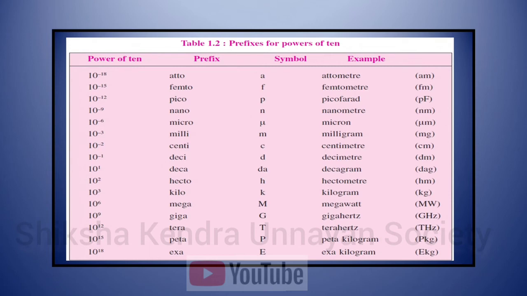These are the smaller units, and for larger units you can see there exa, that is 10 to the power 18, peta 10 to the power 15, tera 10 to the power 12, giga is 10 to the power 9, etc. So, you can use these multiples and submultiples and their prefixes to denote smaller and larger units.